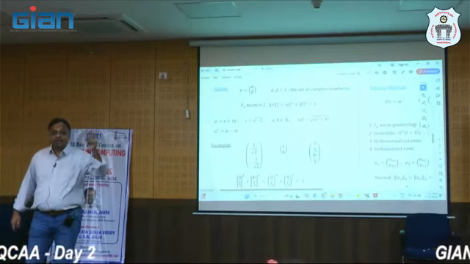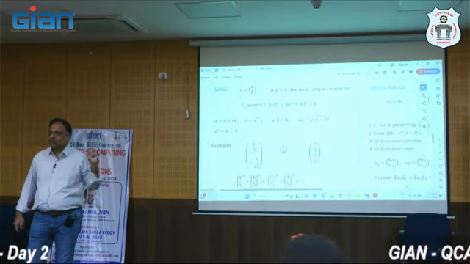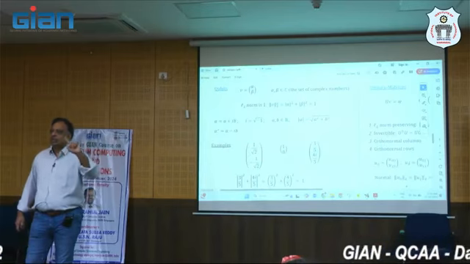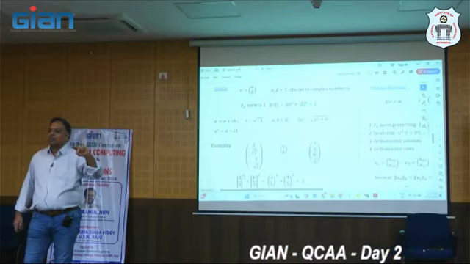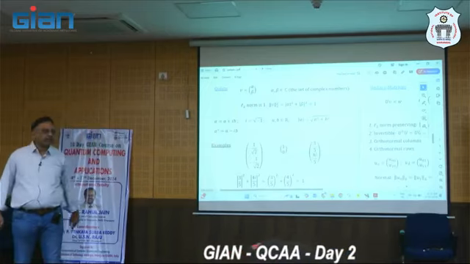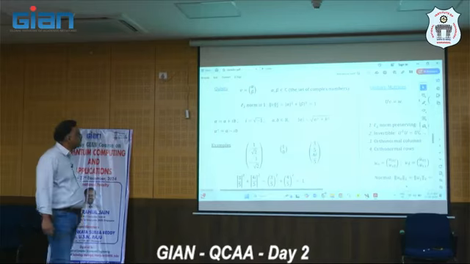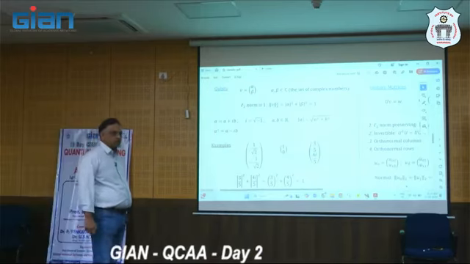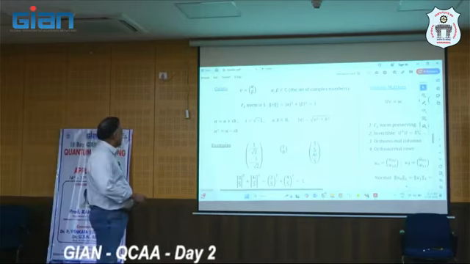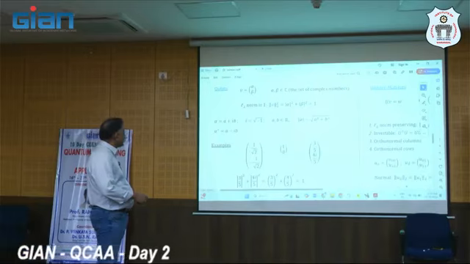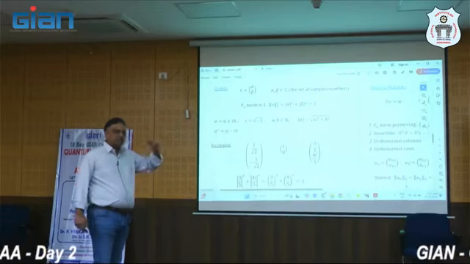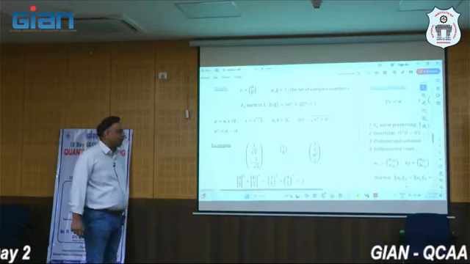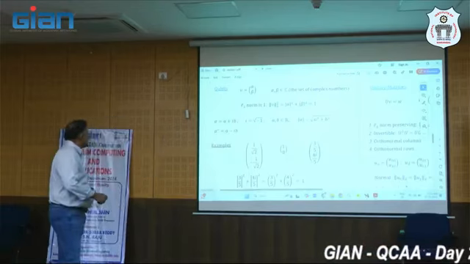Mod alpha square plus mod beta square, not just mod alpha plus mod beta. That is L2 norm square. Okay. So now what is a complex number?